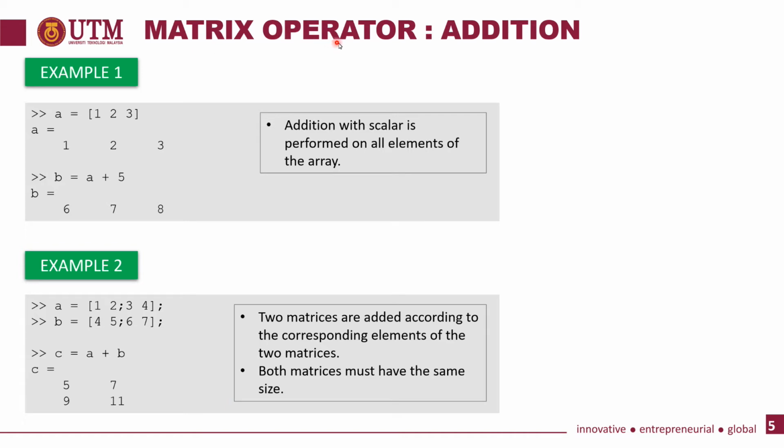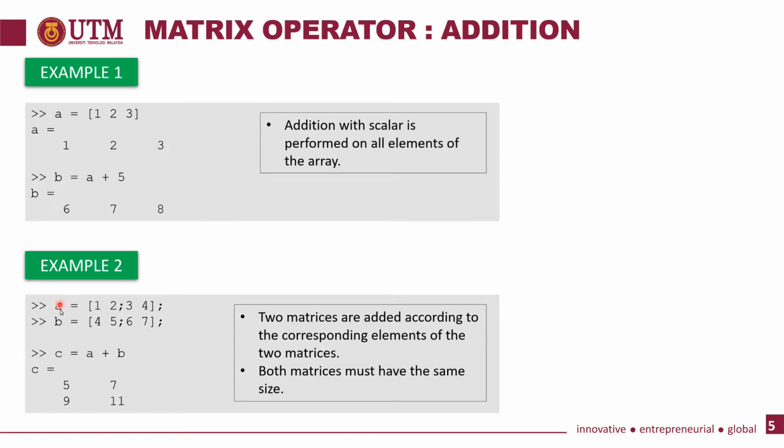So in matrix operator, if you want to execute an addition process, you need to initialize matrices with similar size. If the matrices are not the same size, you will not be able to perform the addition.